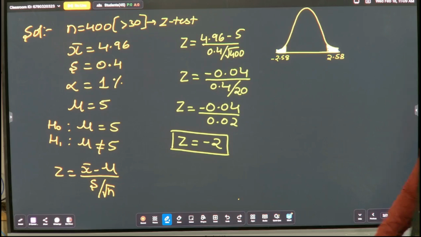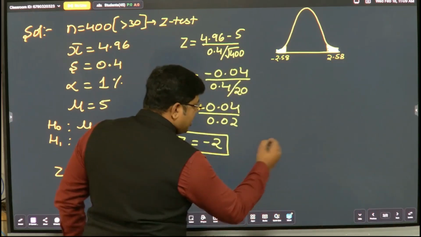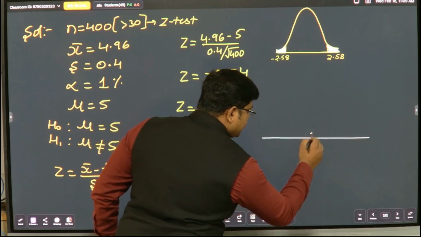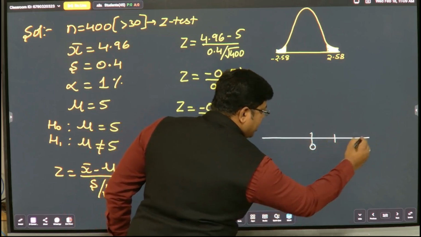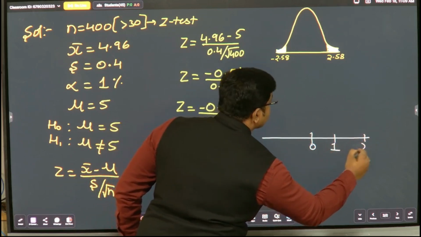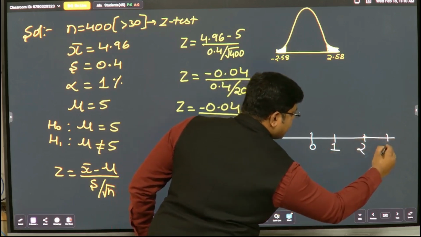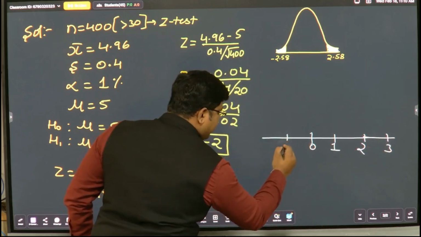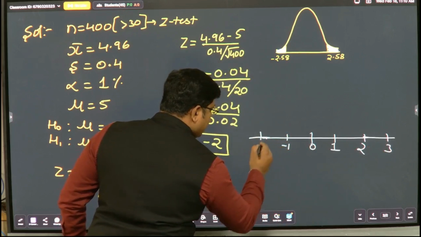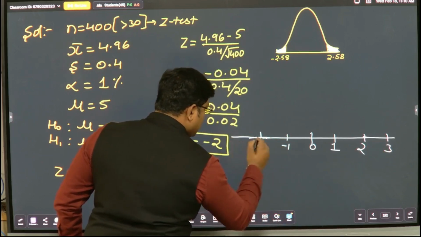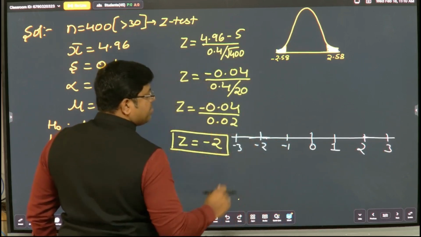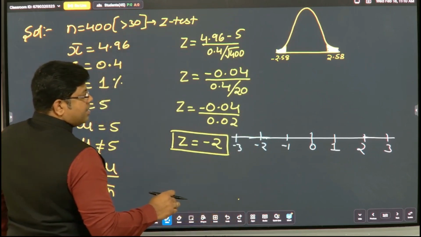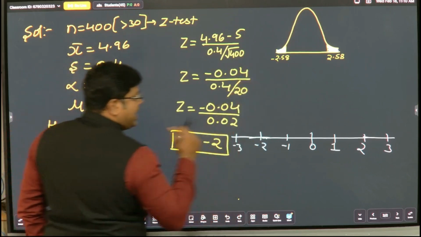Sure. Again, timeline, I mean number line. This is 0, this is 1, this is 2, okay, and this is 3. This is minus 1, minus 2, minus 3, for example, right? So where does 2.58 come?